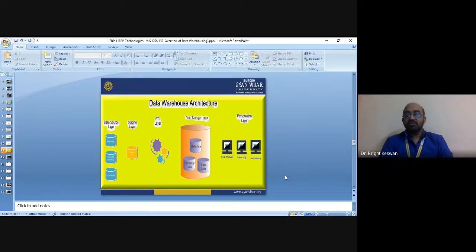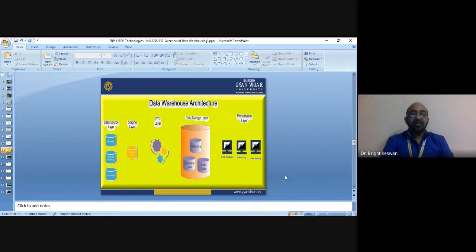It is the common database that allows an ERP system to serve as a source for a robust warehouse that can support sophisticated decision support and analysis. So there are several connections of ERP and data warehousing system.